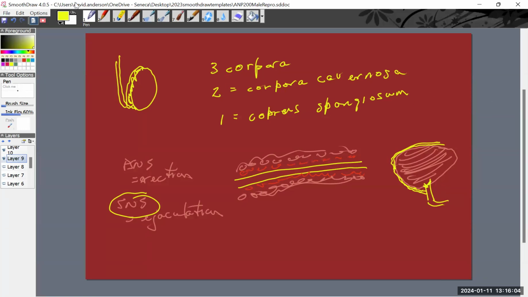Okay, so I think we have enough information here to review the male system so that we can begin to compare when we look at the female system.